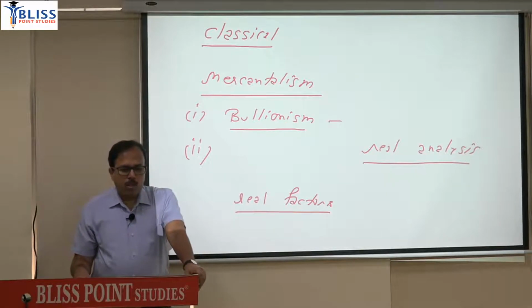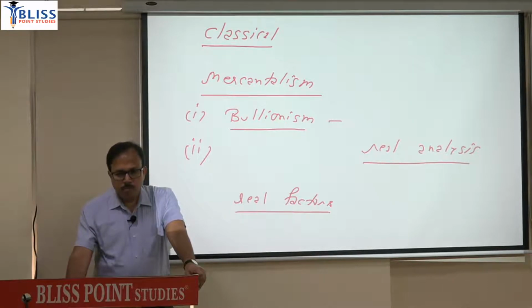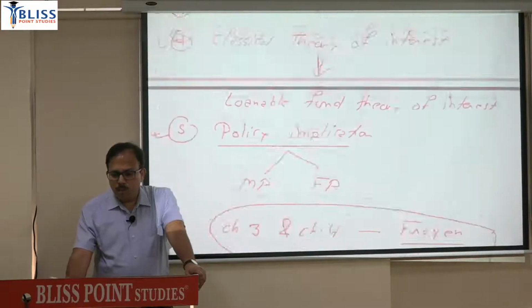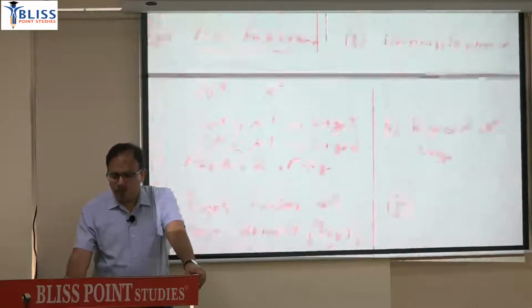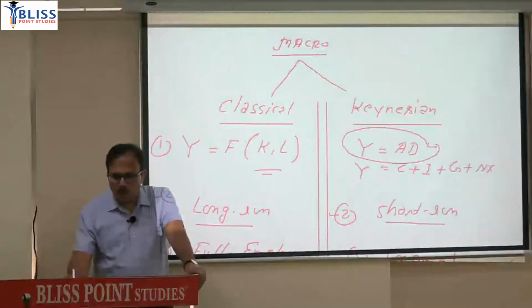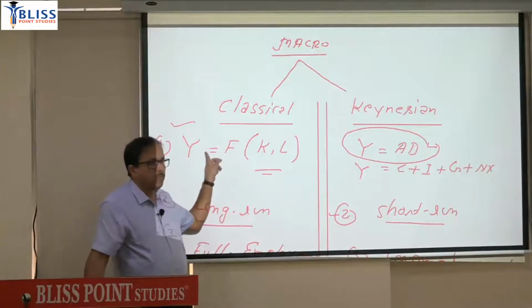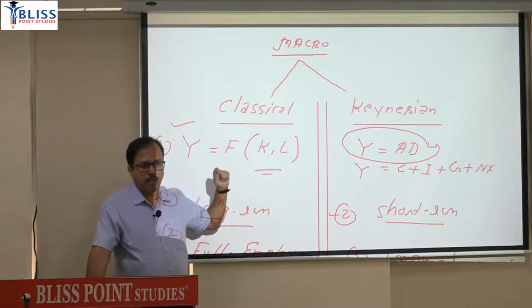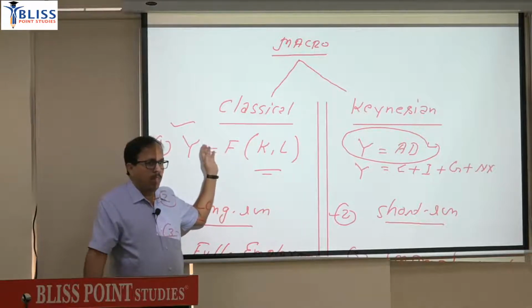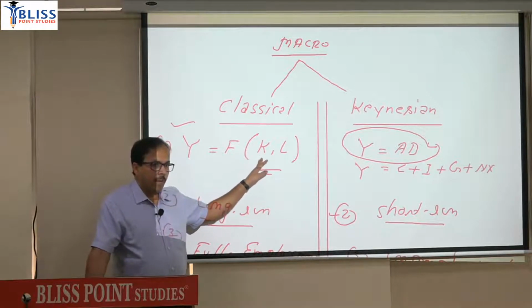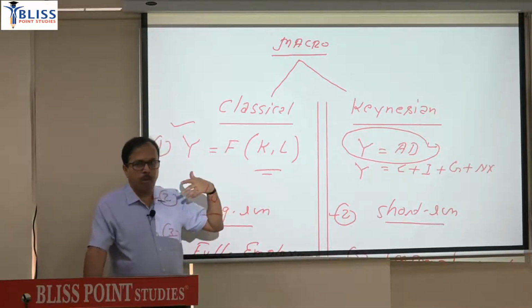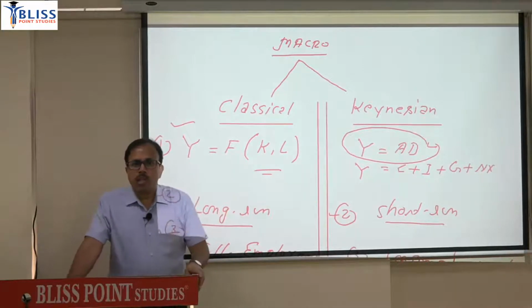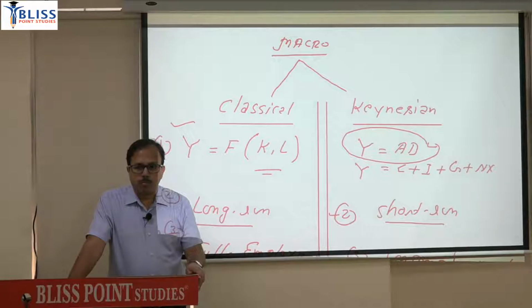Growth means growth of output, and output in the classical model is denoted by Y. But Y is a function of what? Of capital, of labor, which are factors of production, and of technology. So the output will change only when the stock of capital, labor, or technology changes. So economic growth is a result of an increase in the factors of production and an increase in technology.